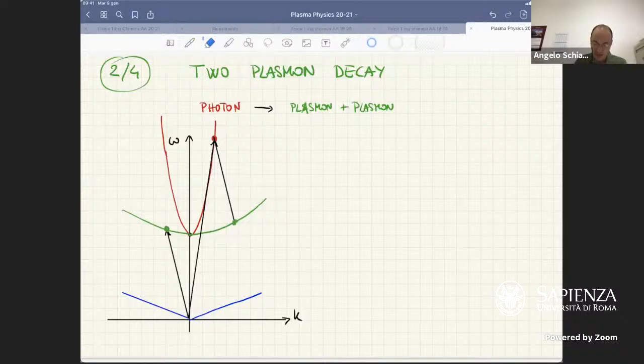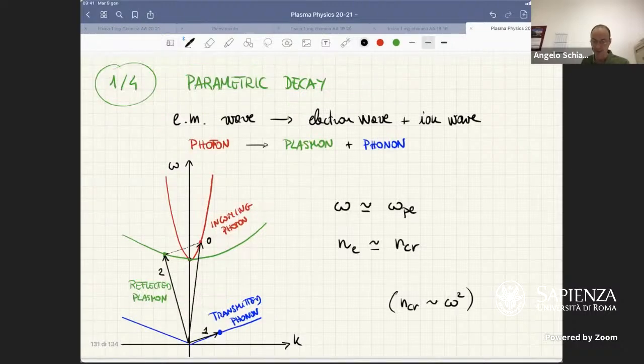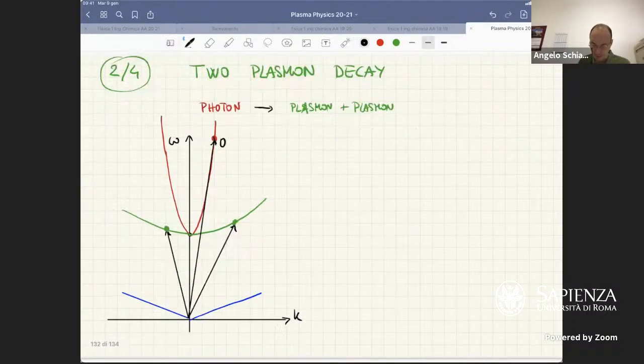Pay attention to the way I'm trying to find the solution by working with vectors using the parallelogram rule. So we have, for instance, the zero solution here, the incoming. Then let's use 1 for the transmitted. So we have a transmitted plasmon and a reflected plasmon here.